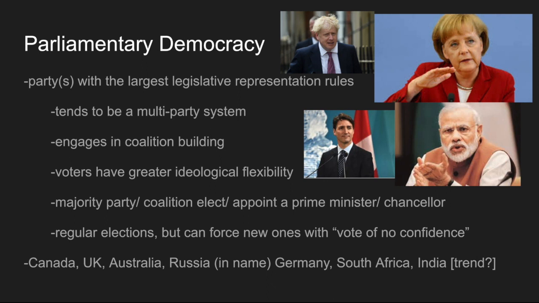We need another 15 plus 1 to run the Bundestag. So what she'll do is she'll go out to parties that lean a little further to the left of her and a little further to the right and say, hey, if you join up with us, if you join in this coalition with us, then I'll help you guys pass laws you want if you help me pass laws that I want. Kind of that log rolling stuff that we talked about earlier.